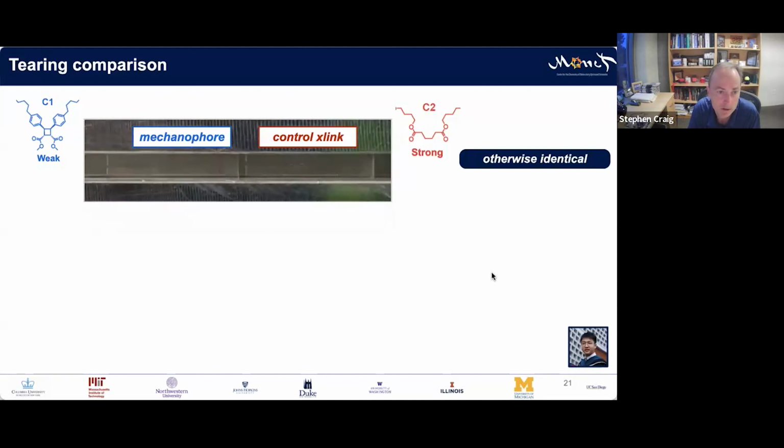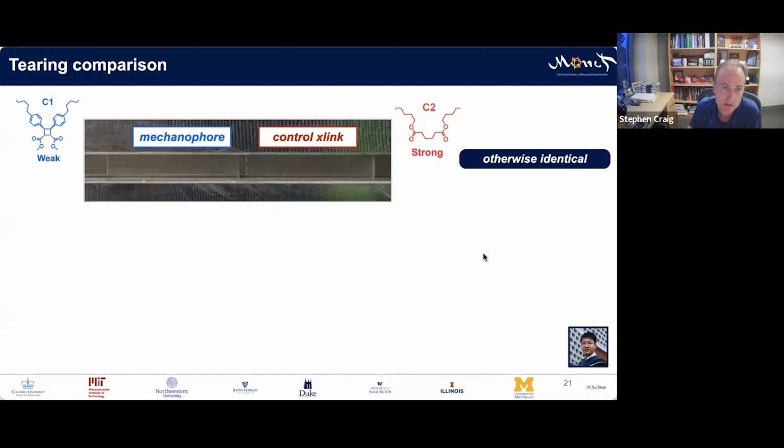Right? So now the movie started, and what you see is that the crack on the right is immediately taken off. The one at the left, it takes a lot longer for it to get started. This is constant displacement, so time is a nice surrogate for strain. And even when it starts tearing, it tears much more slowly.